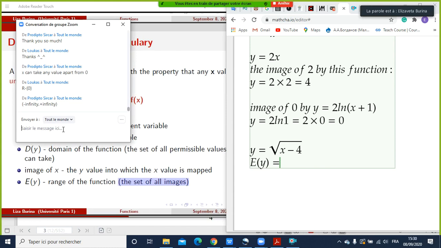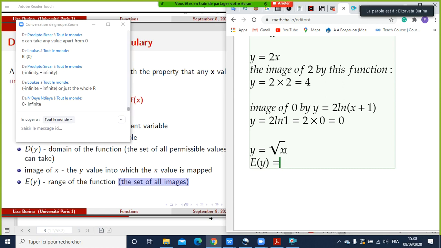Is it? Okay, no, let's go with this one. Okay, I agree with the second one, yeah. Okay.